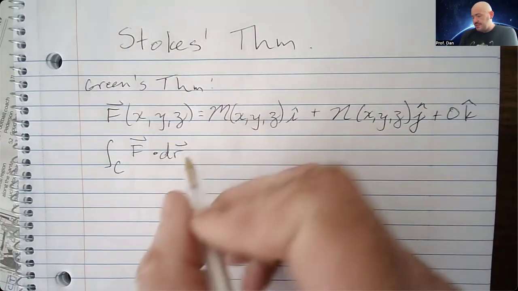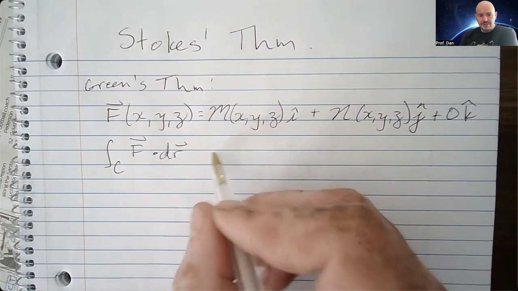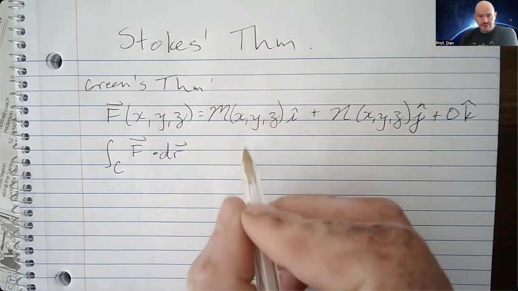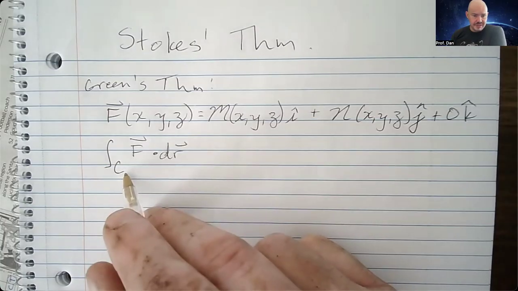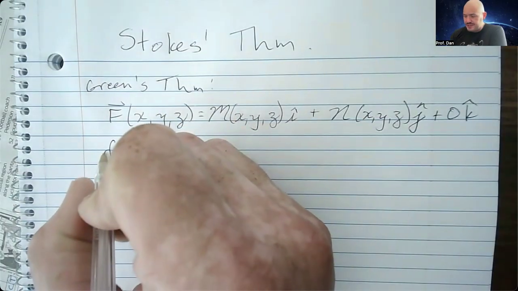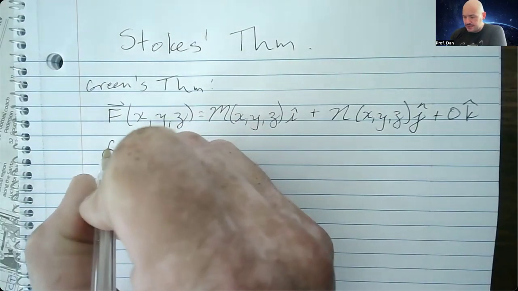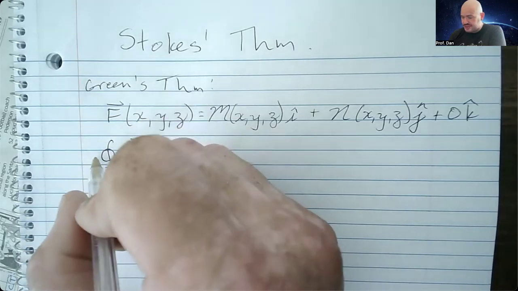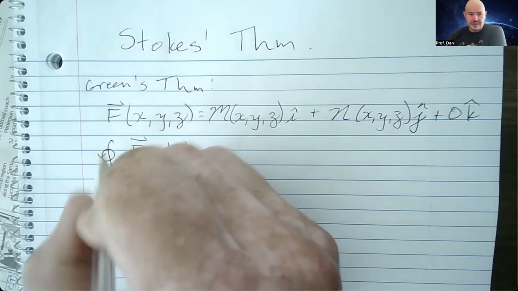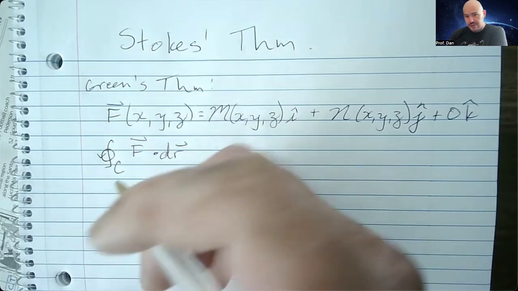Basically with Green's theorem, we know that we can turn this into a double integral over the region that's enclosed by C. And by definition for Green's theorem, C is a Jordan curve, meaning that it's simply closed or simply connected, and we're moving along the path in a counterclockwise motion.